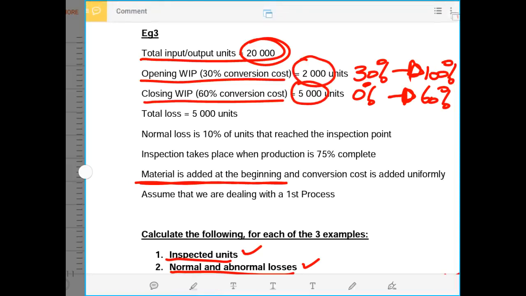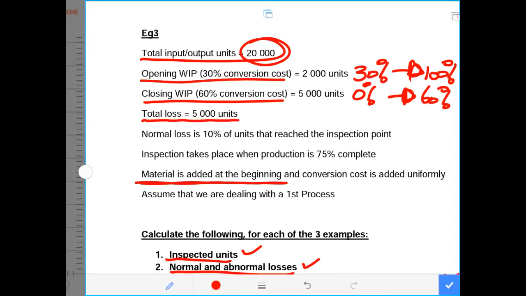So now we have the units to deduct if they will not pass the point of inspection during the current period of production. Also, total loss is 5,000 units, and our normal loss is 10% of the units that reach the point of inspection.